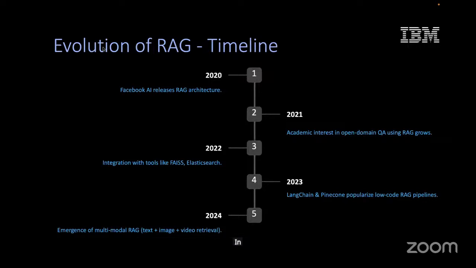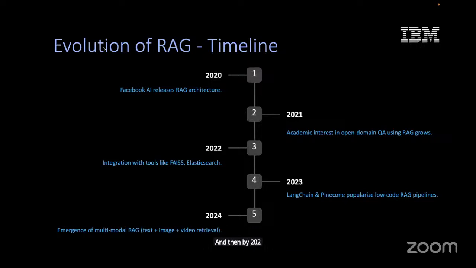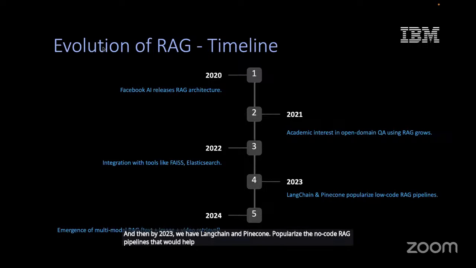In 2022, for the first time, Facebook AI's semantic search and Elasticsearch started integrating the RAG approach in their tools. And by 2023, we have LangChain and Pinecone popularizing low-code RAG pipelines that would help people to update the LLMs with database information that is readily available.